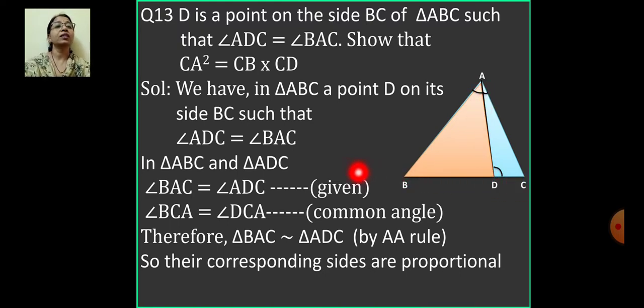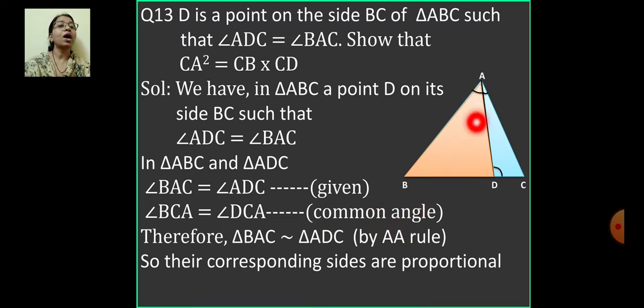Let us see what are the equal parts here. So BAC equal to ADC already given to you. Now tell me which angle is common between the two triangles? Angle C. This angle C is common in both triangles, the bigger one as well as triangle ADC. So angle BCA equal to angle DCA, common angle.